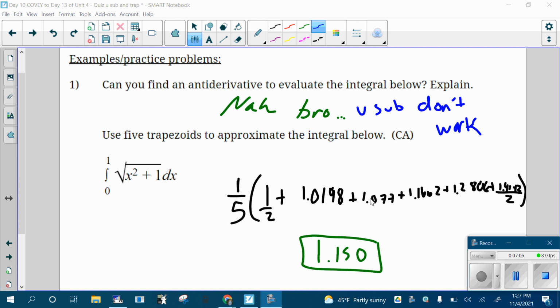I plug in 0.2, 0.4, 0.6, 0.8. This was from plugging in 0. This was from plugging in 1. The 2 end values I divided by 2, again, because they're not a lower base and an upper base. So they're the 2 that don't get double counted. Okay? So then in my calculator, here's my estimate for the area under the curve. Pretty straightforward.